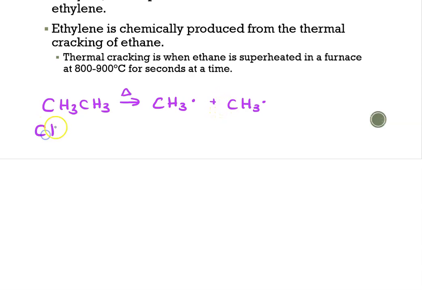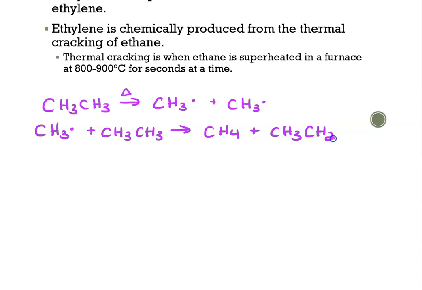So one of these radicals then immediately reacts with another ethane molecule. And this produces a CH4, so our radical is no longer unstable, and it instead produces this other radical that is slightly more stable because it is a longer chain.